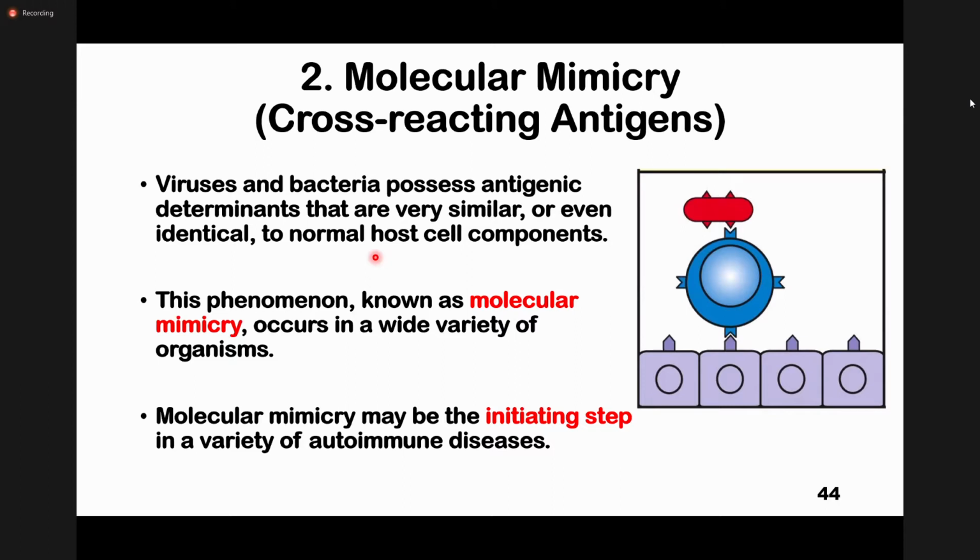This causes molecular mimicry, which occurs in different organisms. So molecular mimicry may be the initial step to many different autoimmune diseases. Infection is also not good for us, as microbial infections will mimic the self host cells and cause autoimmune diseases.